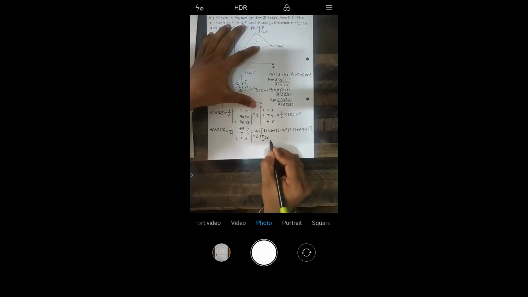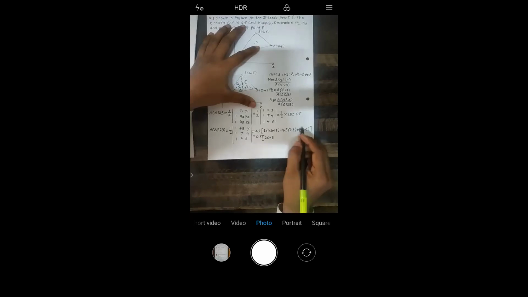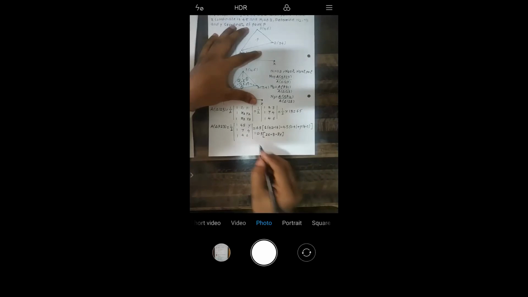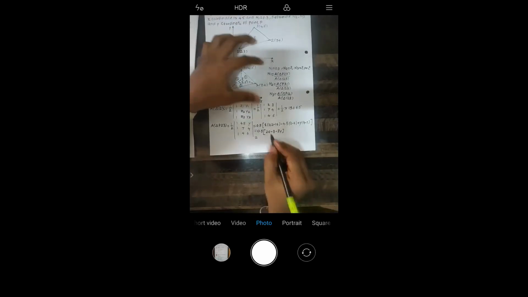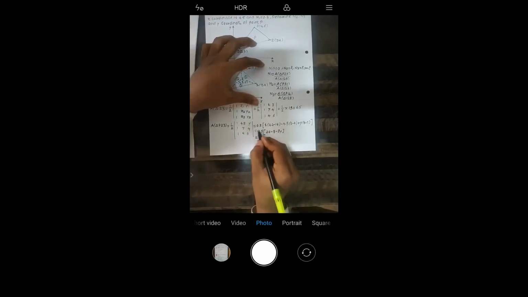Then minus 4.5 into 6 minus 4: 6 minus 4 is 2, and 2 into 4.5 is 9, so minus 9. Then plus 4y minus 7y. What is 4 minus 7? Minus 3. This will come as minus 3y. Is it okay? Yes. What is 26 minus 9? Do it.